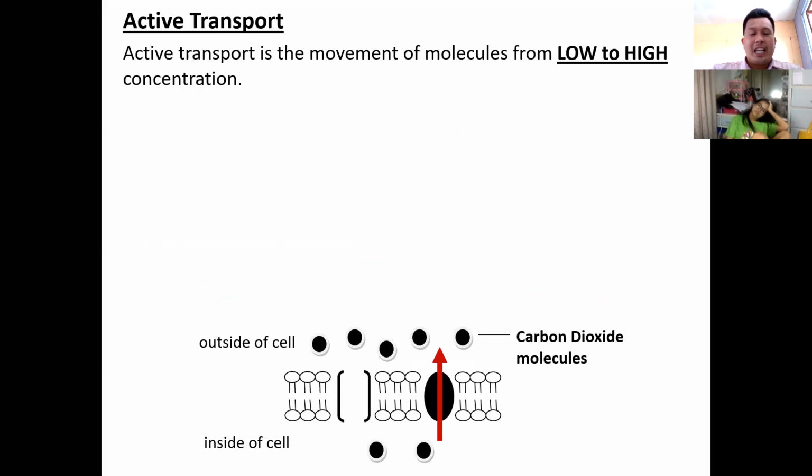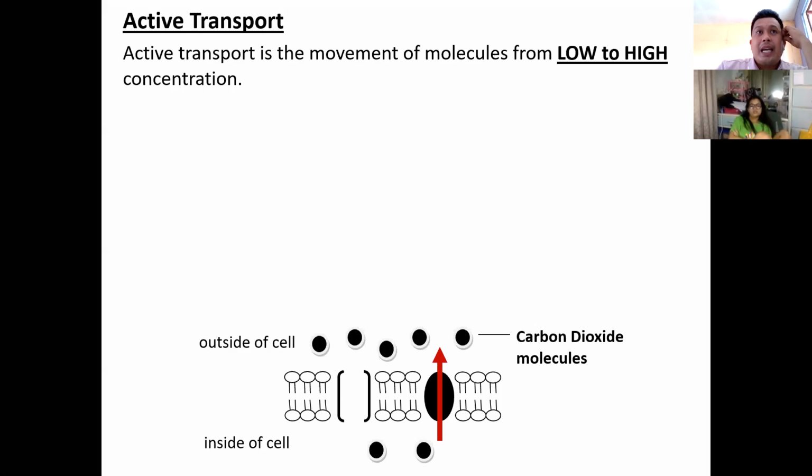Normally, this doesn't happen, because the dispersal of molecules usually follows the concentration gradient. It starts in high concentration going to low concentration, eventually filling up the area with molecules, achieving the isotonic solution.